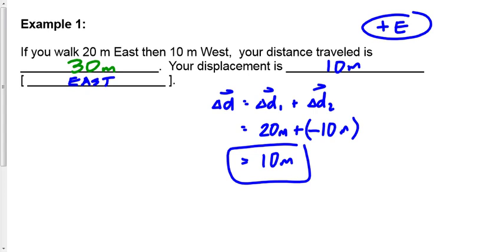Does that make sense? You're going to see in the next question, there's only one more, the difference between displacements, adding, positions, subtracting.